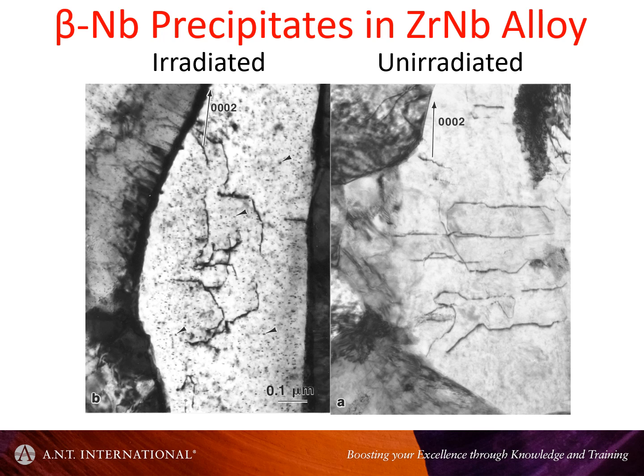Even though it's only about 1%, the equilibrium concentration of niobium in the alpha phase is about 0.3 weight or atomic percent either way. But after fabrication, because it's a very sluggish transformation, you end up with a supersaturation of niobium, and when you irradiate, it precipitates.